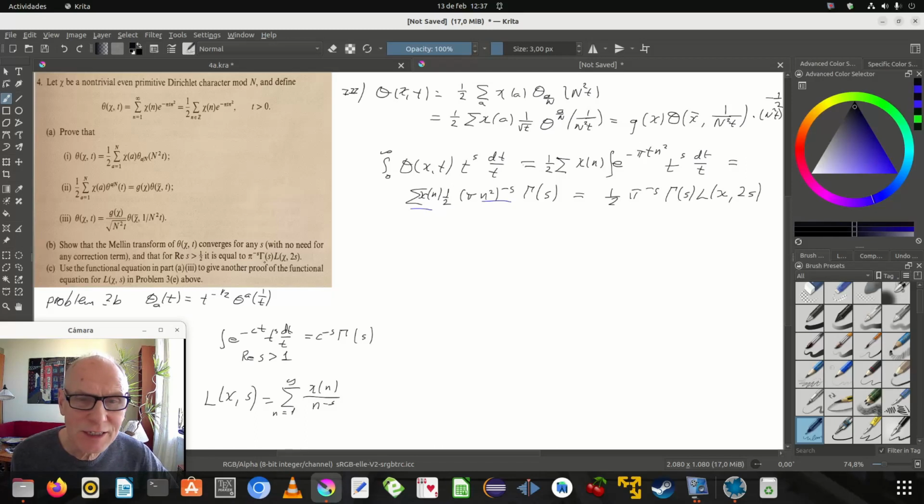Pi to minus s gamma s L of chi. Wow, it's just a factor 2 off. That was just like in the first guy here, where I got an error by a factor 2. That will of course be corrected already second time through.